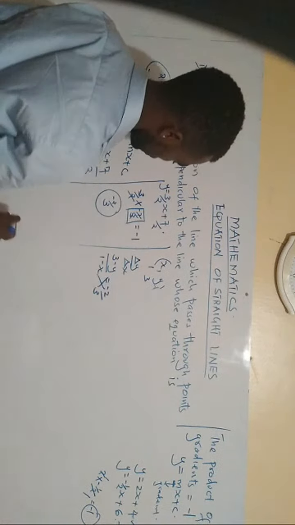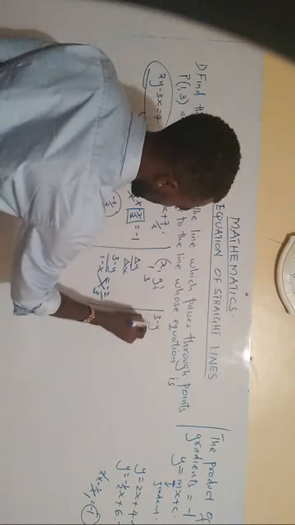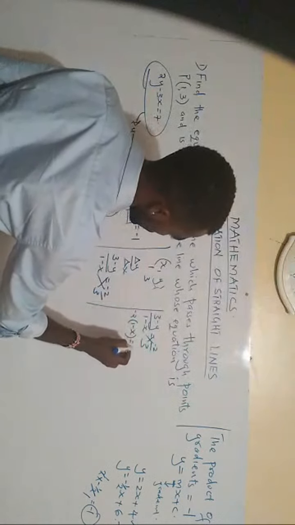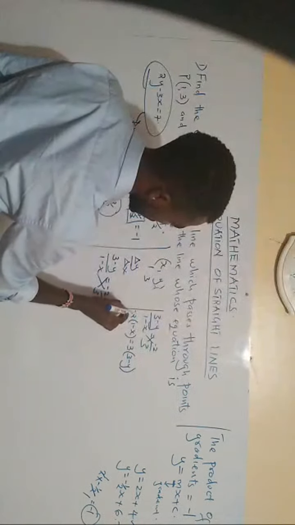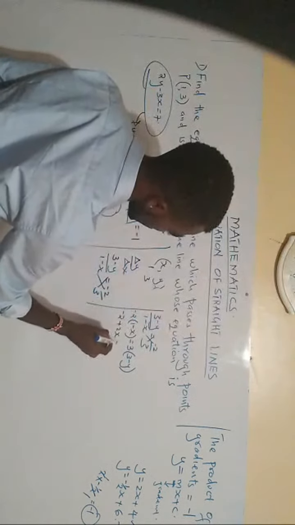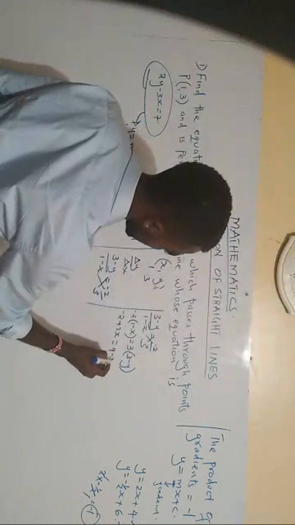Cross multiply: -2 times (1 - x) is equal to 3 times (3 - y). And this will be -2, then -2 multiplied by -x will be positive 2x, equal to 9 - 3y.